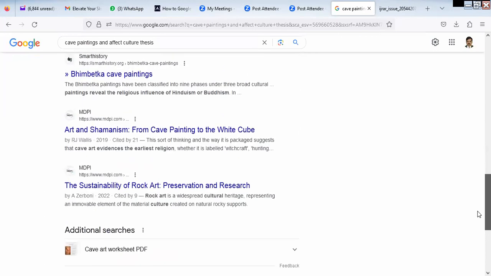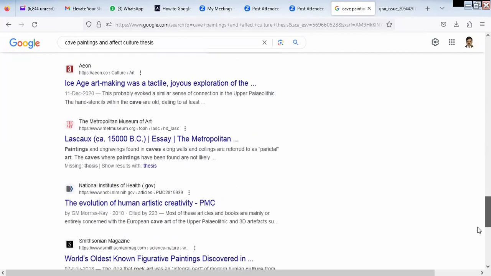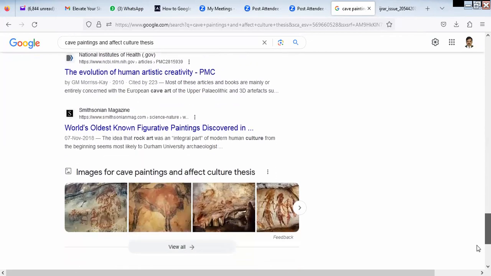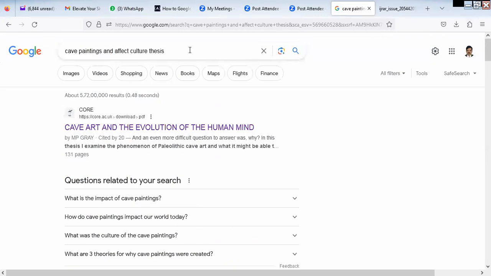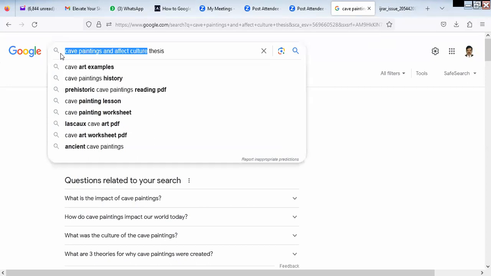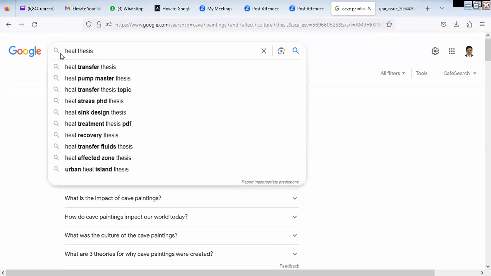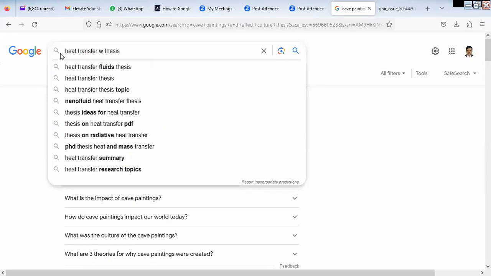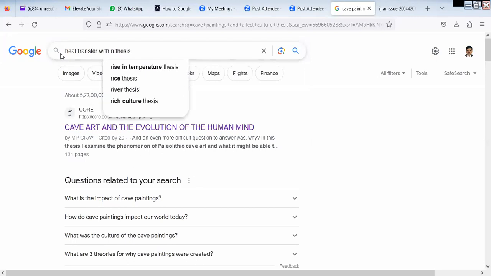You will find that there is less research going on in this area, fine arts. So that is why you will not find the thesis directly. So take the case of heat transfer, in my area, a very old research area, heat transfer with ribs. Thesis.